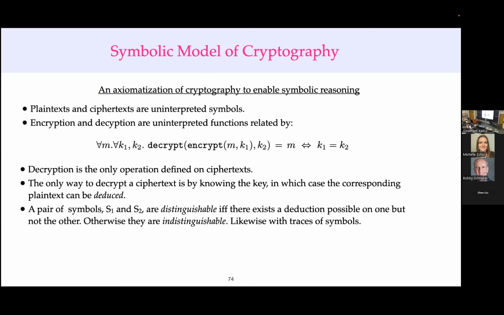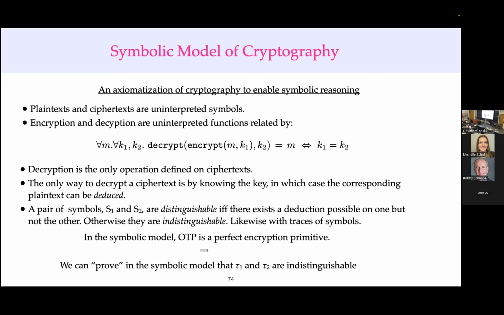But if you plug in the standard model of cryptography, the symbolic model, I'll come back and discuss these things, but the bottom line is it is imprecise and fails to detect this sort of error. It tells you that the implementation of OTP that you have is actually safe. Why? Because in the symbolic model of cryptography, to enable automated reasoning, all the plain text and ciphertext are considered uninterpreted symbols.